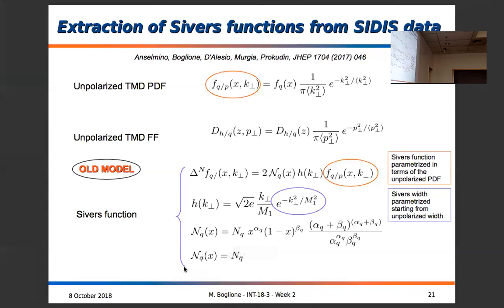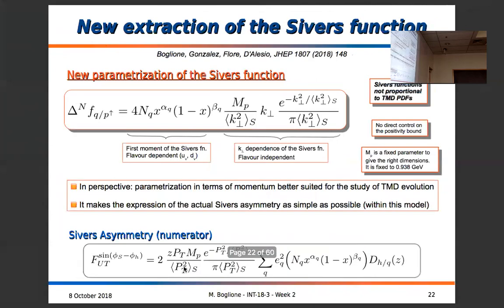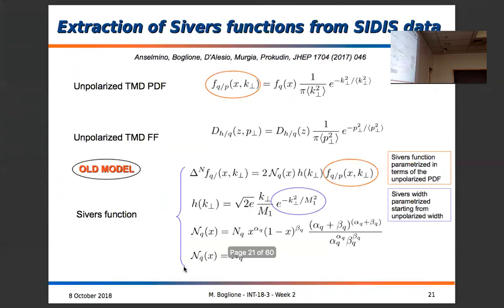So the Sivers function was parameterized in this way, where this function was simply a Gaussian multiplied by the collinear PDF, while the k-perp dependence was all factored out into these Gaussian parts. Now, this was more or less the only option we had when the experimental information was scarce. And so we had to start from something, otherwise the data wouldn't allow us to make a reliable phenomenological extraction.